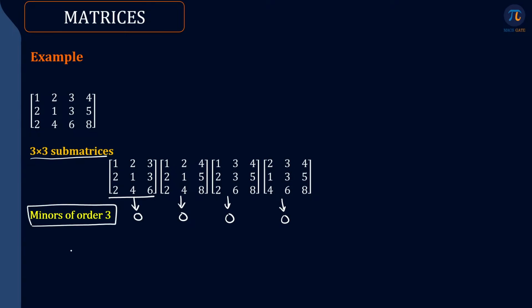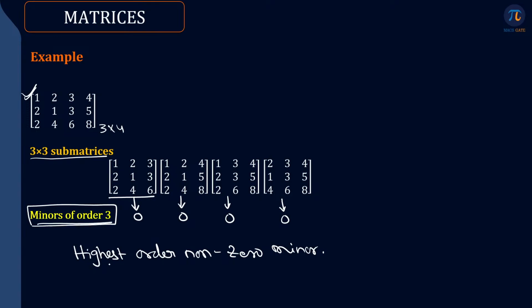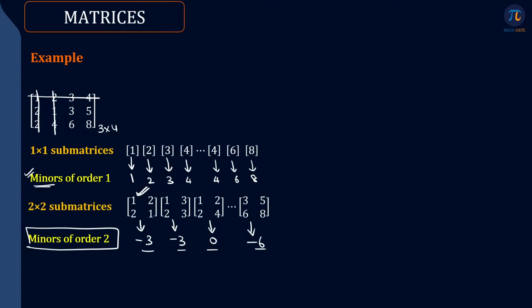Can you tell me what is the highest order non-zero minor for this matrix? See, actually, it is a 3 by 4 matrix. You can get at most 3 by 3 square submatrices. But all the 3 by 3 submatrices have determinant 0. That is, all the minors of order 3 are 0. So 3 is not the highest order non-zero minor. What is the highest order non-zero minor? 2.